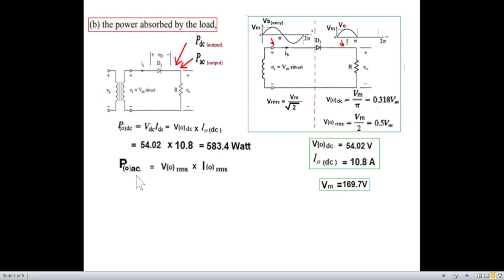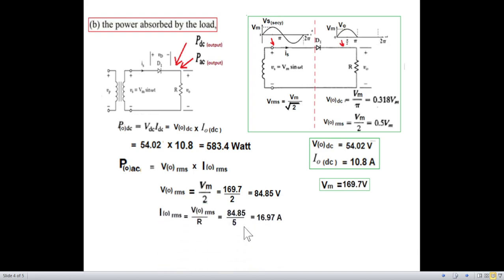Now coming on to POAC, we have VORMS and IORMS, and for that we need to find VORMS by using this formula. So VORMS is Vm over 2, and 169.7 divided by 2 is 84.85.